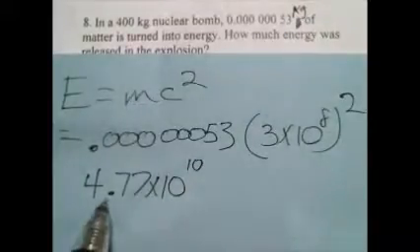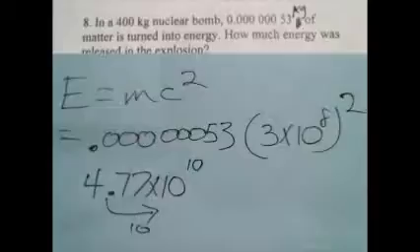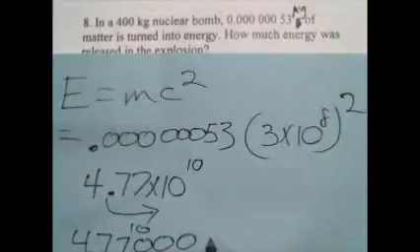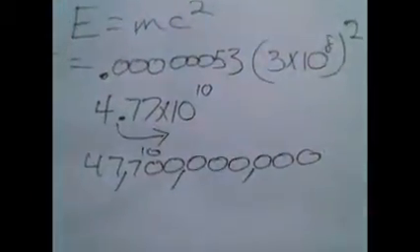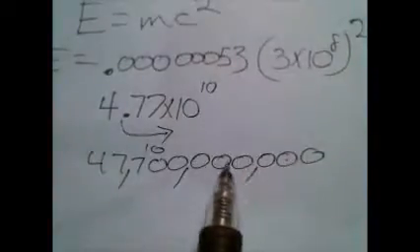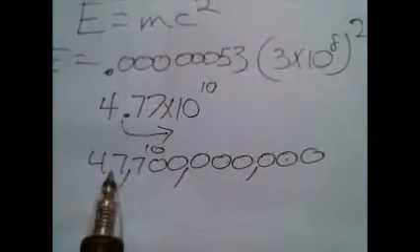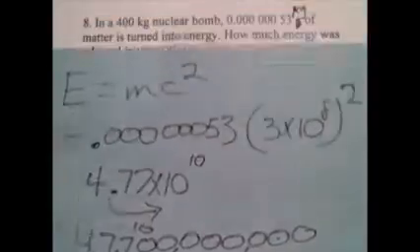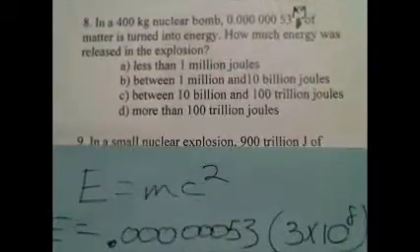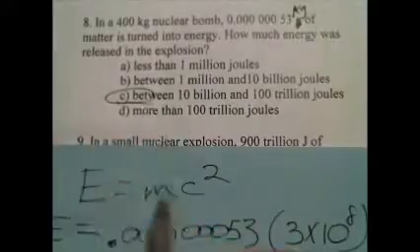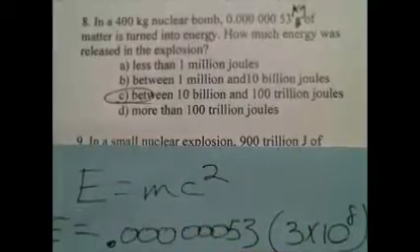So that means that I move this decimal point over 10 places. 2, 3, 4, 5, 6, 7, 8, 9, 10. So hundreds, thousands, millions, billions. 47 billion. So 47 billion is going to be option C, between 10 billion and 100 trillion joules.